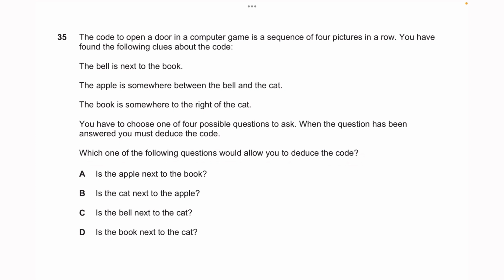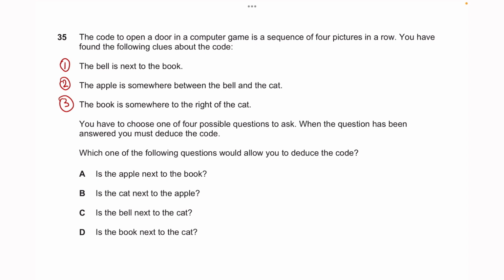Okay, so basically, if we understand what scenario is happening here, we've got 3 different clues. Clue 1, clue 2, and clue 3. And these clues will help us to open a door in a computer game. It's a matter of being able to crack this code and to be able to progress through.